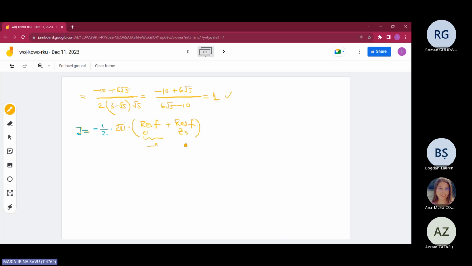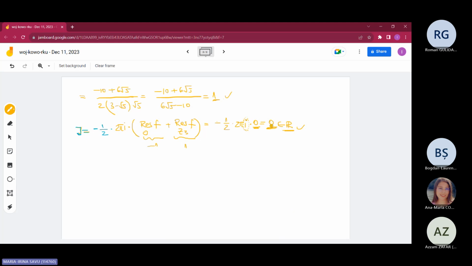But this is 1, so this is minus 1 over 2 times 2 pi times 0. So 0, because otherwise, if you don't have 0 here, you will get something with i, and it is wrong. Okay, and I had the impression that this one is different from 1, so I thought that it was wrong, but no, this one is actually equal to 1, and the sum is 0, so it's perfect. It is something real.